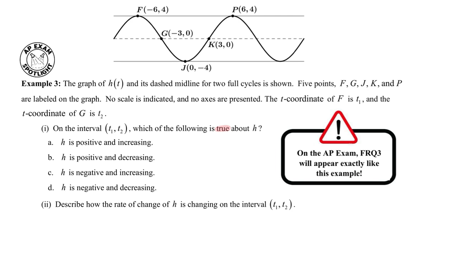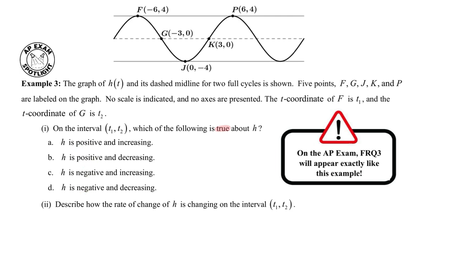Remember, words matter. Make sure you're reading the question and understanding what they're asking. So what is true about the h? The h is the output, the height, right? So h, height, is positive and increase. Let's forget about the increasing right now because there's two different things we're asking about, right? So notice positive, positive, negative, negative.